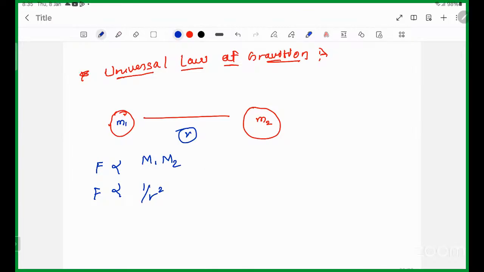So the force we write as k constant, m1 m2 upon r square.